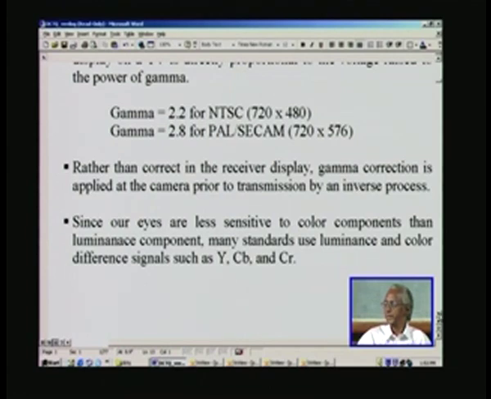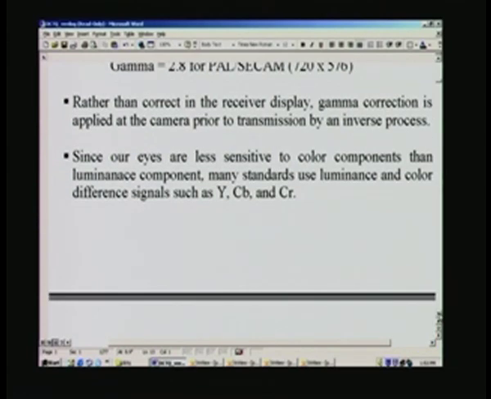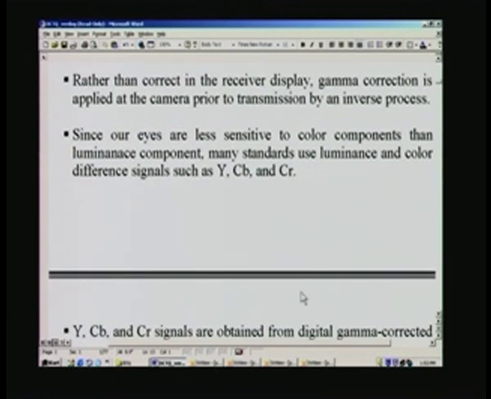And as far as the standards are concerned, even this gamma corrected RGB is not adequate. It is not efficient once again, and I will read this out. Since our eyes are less sensitive to color components than the luminance component, many standards use luminance and color difference signals such as Y, CB and CR.